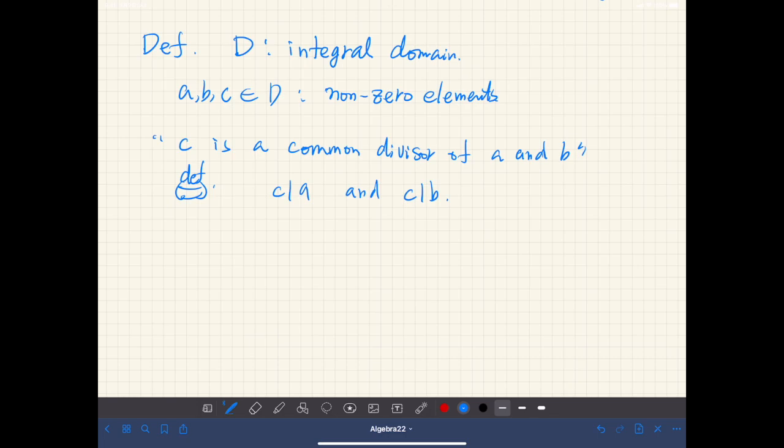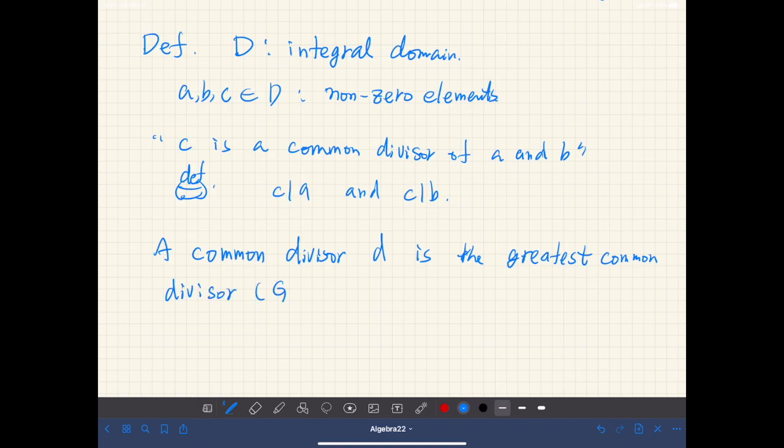And the greatest common divisor, let's say a common divisor d is the greatest common divisor, or GCD.